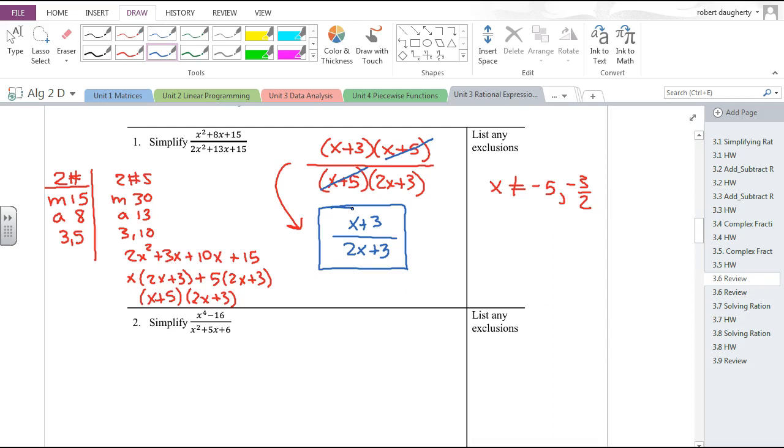Even though they did not ask it, this tells me that in my final answer, there is a vertical asymptote at x equals negative 3/2. There is a hole in the graph at x equals negative 5. Okay?